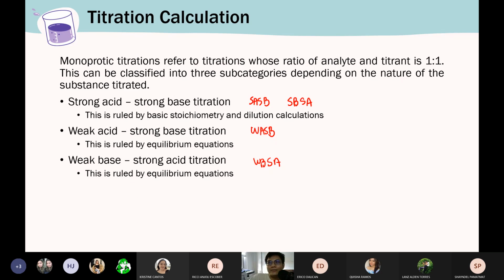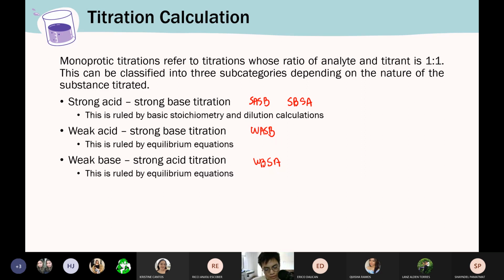Tsaka you will be given a hint naman. If that is a weak acid or a weak base, usually the pKa or the pKb values will be given to you. Okay. So, ibibigay yung Ka, ibibigay yung Kb, ganun. So, huwag kayong masyadong matakot dun. Okay? Kapag wala namang binigay na Ka, Kb, probably it suggests na siya ay strong. Okay?